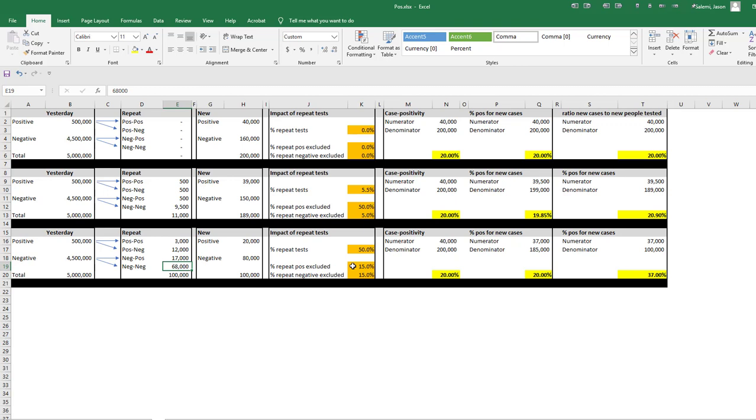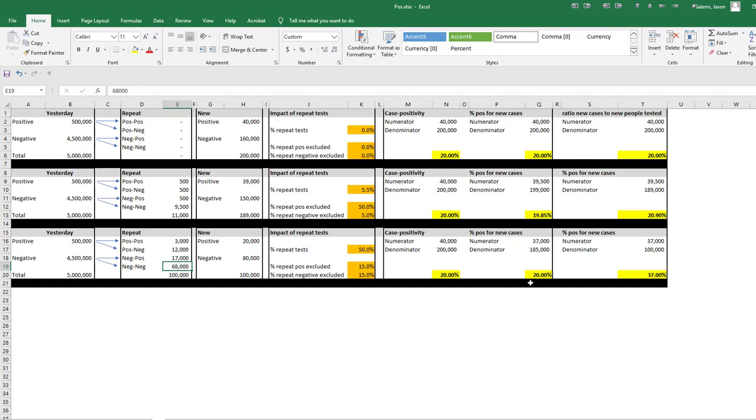So again, I'm excluding 15% of all positive repeat tests today because they had tested positive previously. And that's the same percentage, 15% of all negative tests that are repeats today that I'm going to exclude because they had tested positive. So I just want to quickly show you exactly what those percentages are now in the case positivity and the percent positivity for new cases.